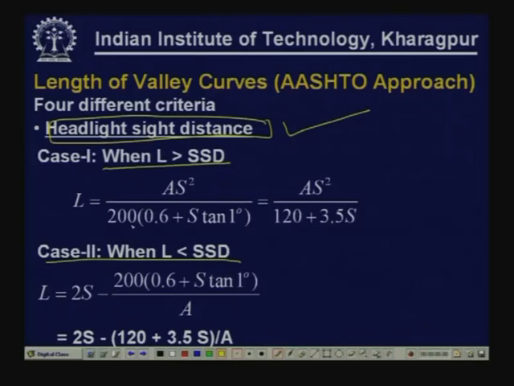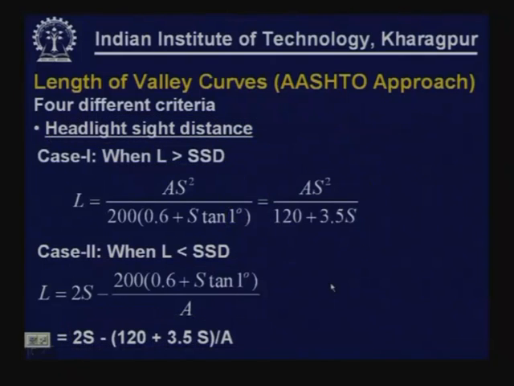It is exactly the same, except the tail light height is different here and A is expressed in percentage, that is the deviation angle. Here also the light beam angle is taken as 1 degree. Accordingly you can get these expressions for these cases. So, the basic formulation is the same, only AASHTO specific design values are given.